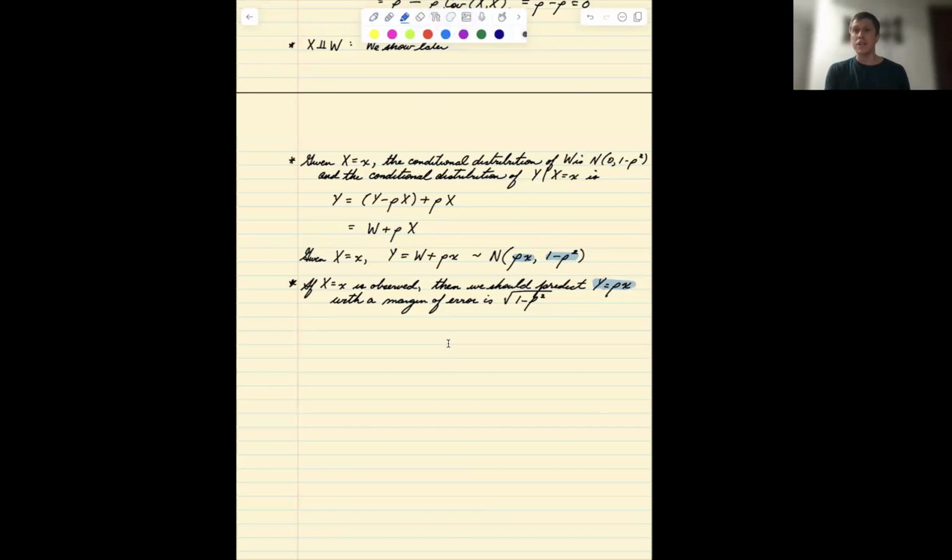Our initial expectation was 0, but we update our expectations based on the value of X. That's incorporating the dependency of Y on X. This is something that we can, in general, do for jointly distributed random variables of all sorts, and we will discuss that more in the next video.